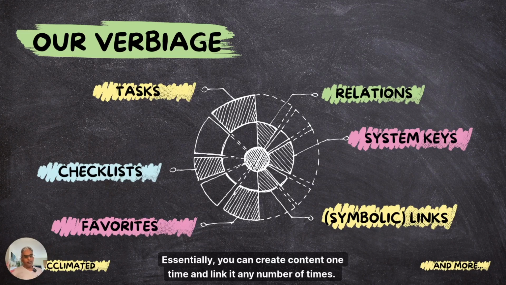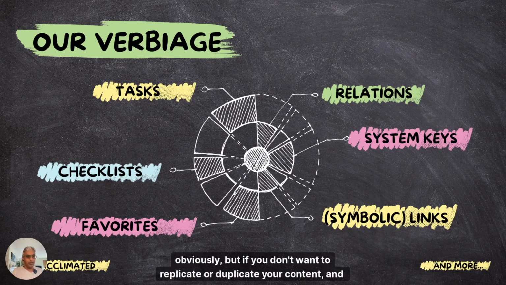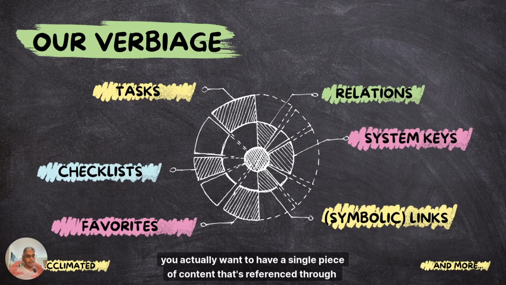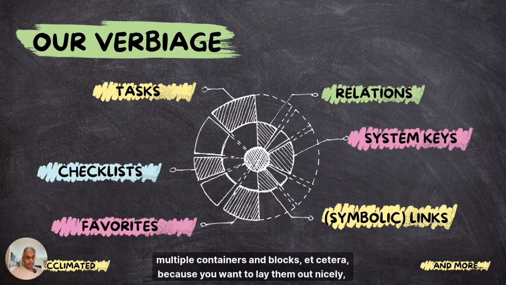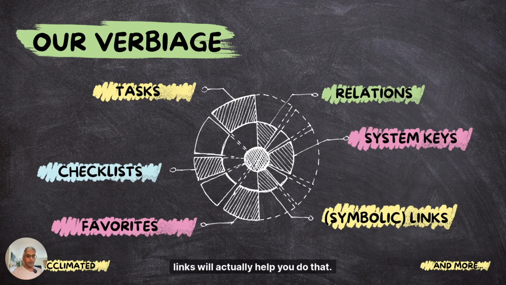Essentially, you can create content one time and link it any number of times. We also support copy and move functionality, obviously, but if you don't want to replicate or duplicate your content, and you want a single piece of content that's referenced through multiple containers and blocks, because you want to lay them out nicely, links will help you do that.